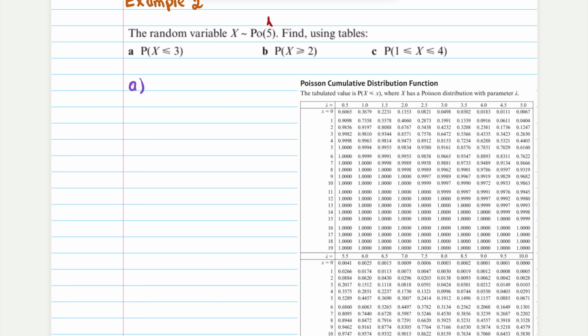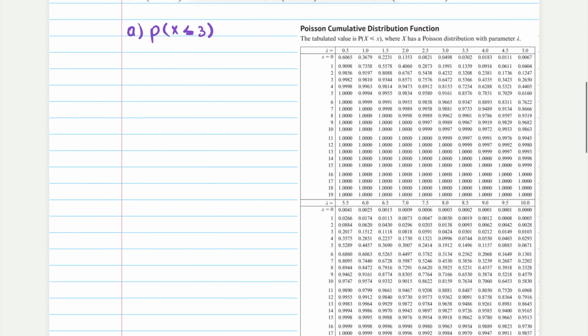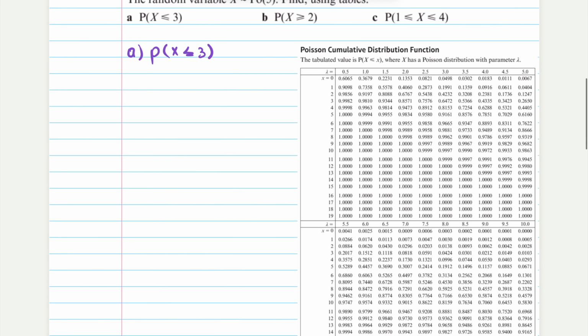So we are looking for the probability of x being less than or equal to 3. For this, you just open the formula booklet and open the Poisson cumulative distribution, and you are looking for lambda being 5.